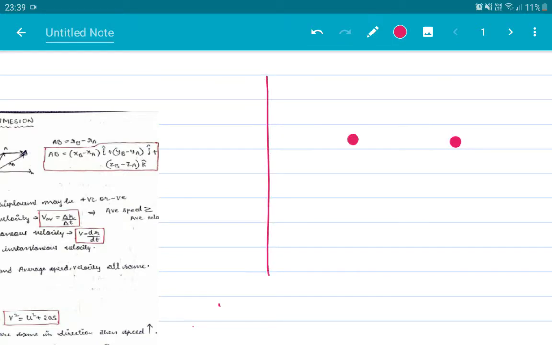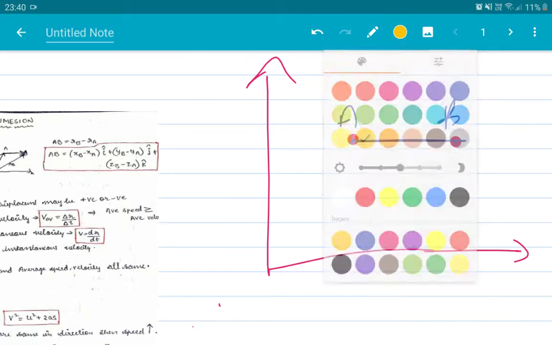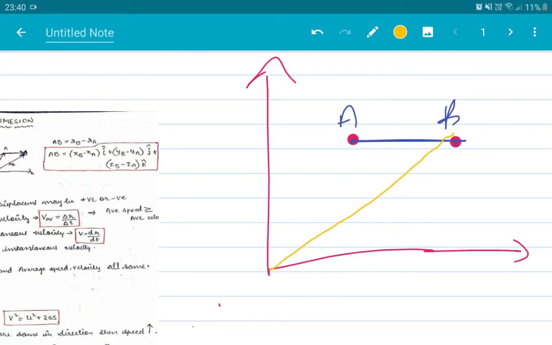Now this is the plane. You want to find the position, this is A and this is B. Now you want to find the distance between A and B. This is the distance, as you can see. So to find the distance between A and B, you will mark this as RB and this as RA.